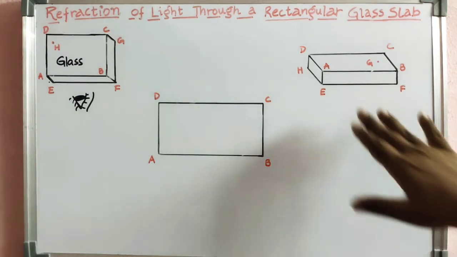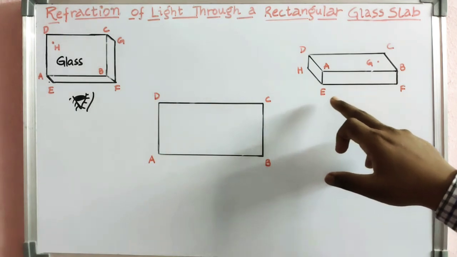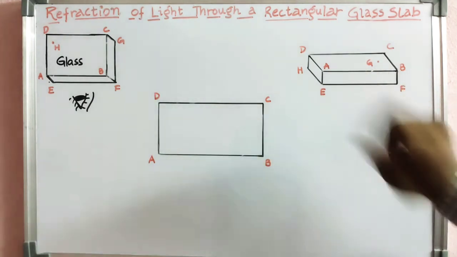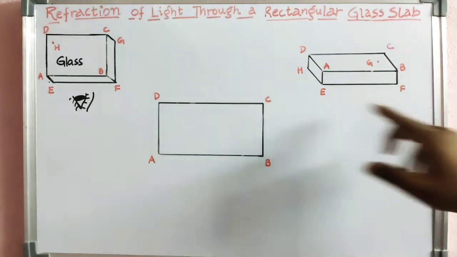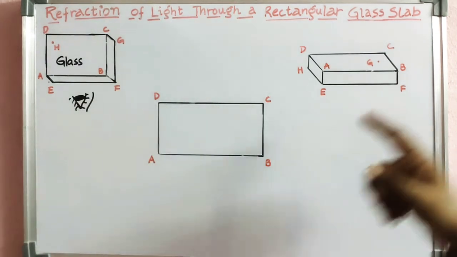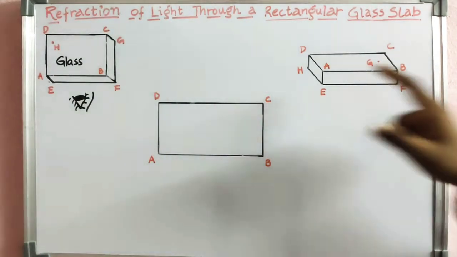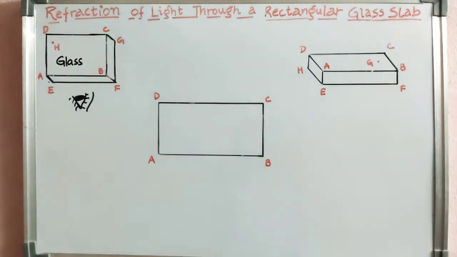If I see the glass slab through AEFB, or you can say ABFE, any name you can say, it is going to look this way.